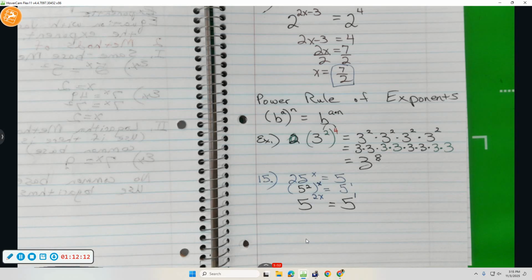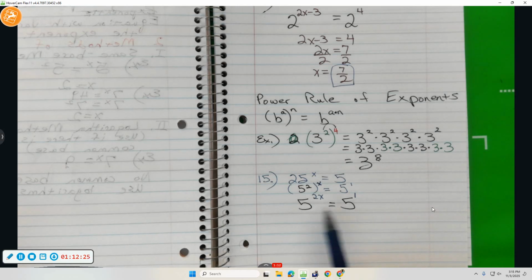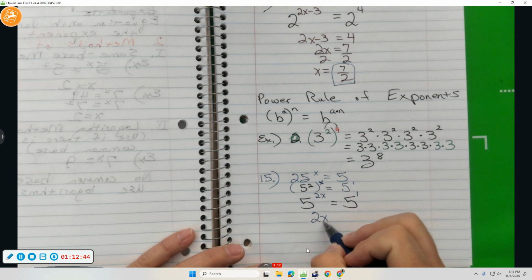Any questions on my logic there? This is the work. It's this thought process, getting that common base on both sides. Once you get the same base on both sides, and when I say the same base, I mean without any parentheses, once we had that power to power, we had to get rid of that before we were able to drop the base, drop the 5s, set 2x equal to 1.